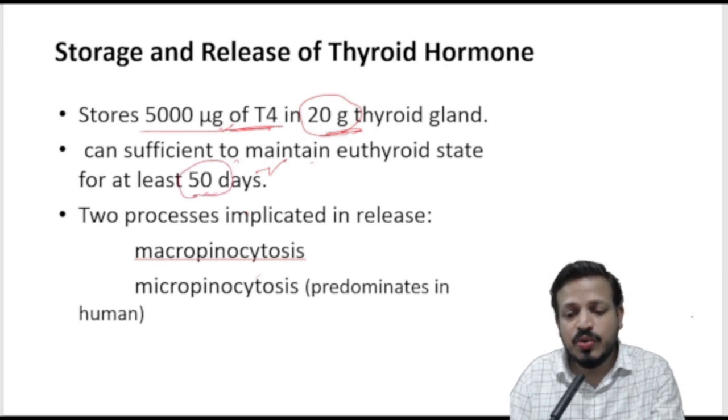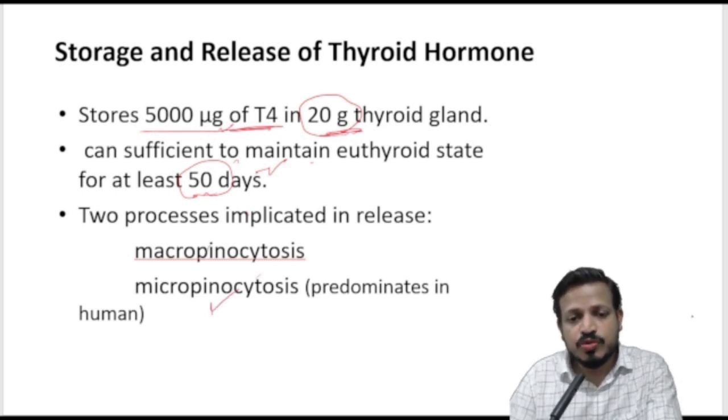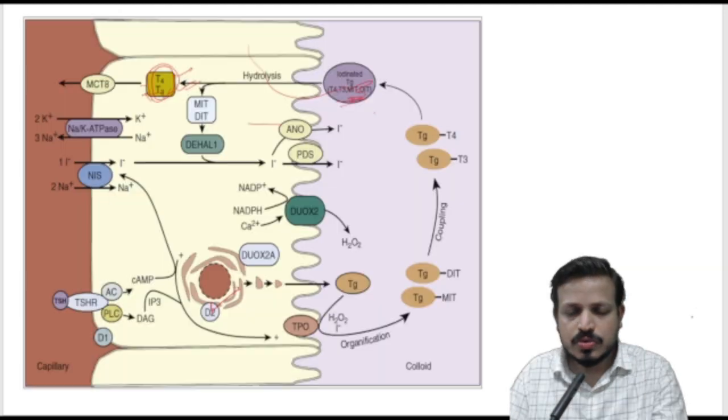And when there is a requirement of thyroid hormones in the circulation, the thyroid hormone enters into the thyroid follicle cells either by macropinocytosis or micropinocytosis. And micropinocytosis is the most common mechanism in humans.